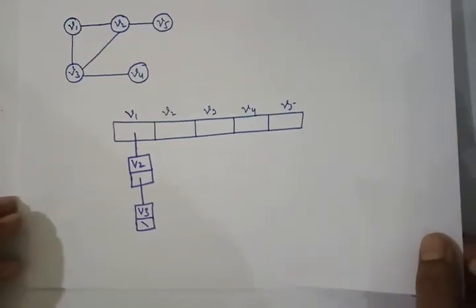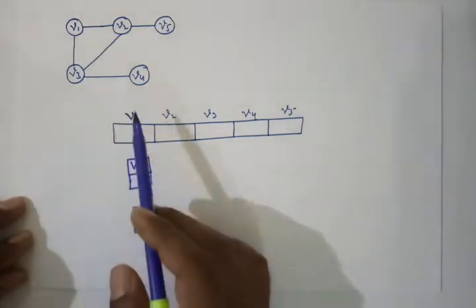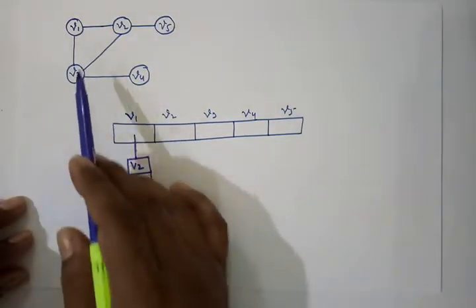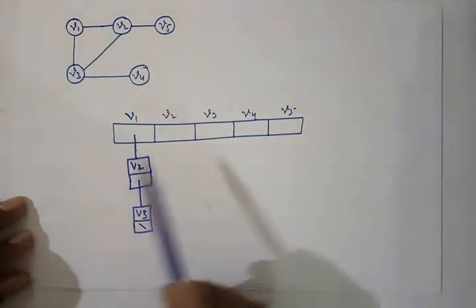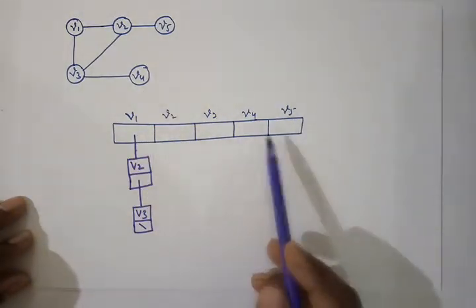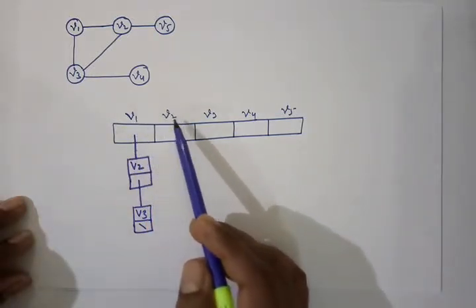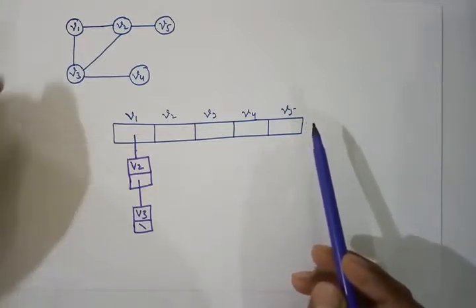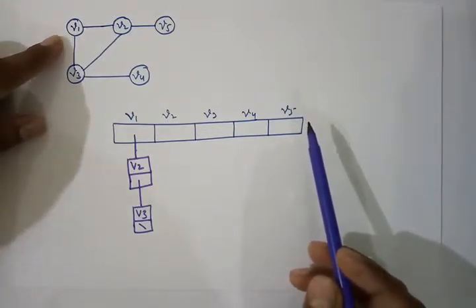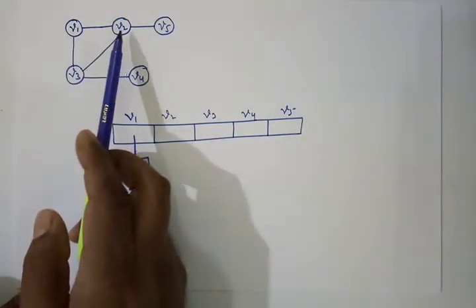So here is our first example. It is for an undirected graph. In this graph there are 5 vertices V1, V2, V3, V4 and V5. So we take an array of size 5 and name the elements V1, V2, V3, V4 and V5. Now we can see in our example, from V1 we can go to V2 or V3.